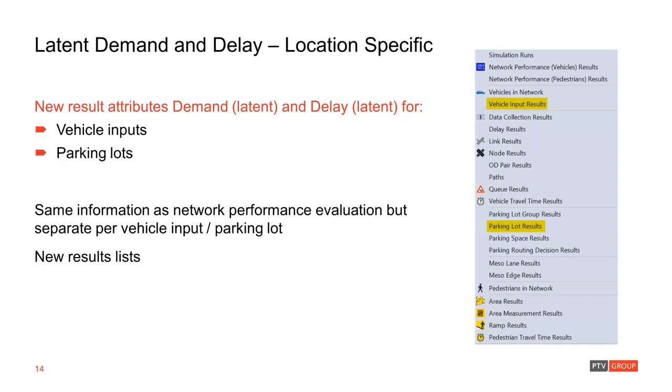They contain the same information, but separate per location. So if you open the new list vehicle input results or parking lot results, you can then see the latent demand and the latent delay per parking lot and per vehicle input and per time interval.